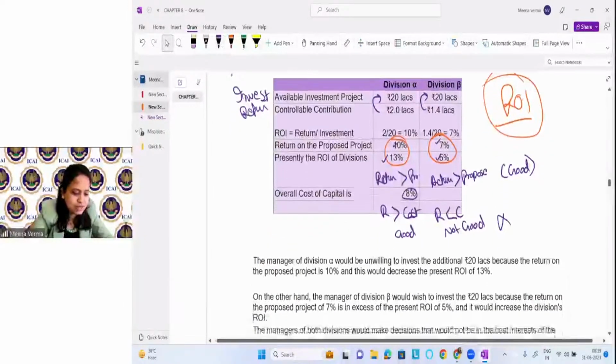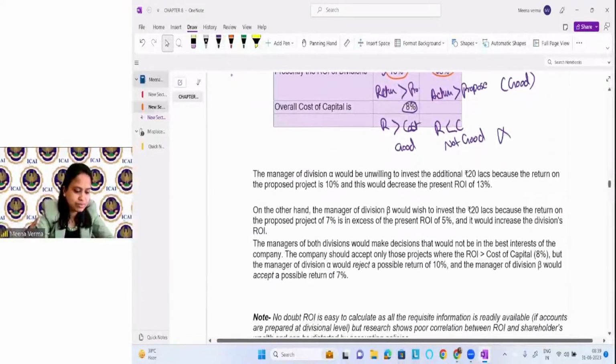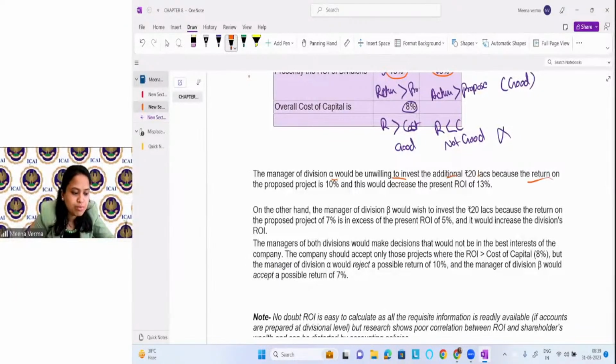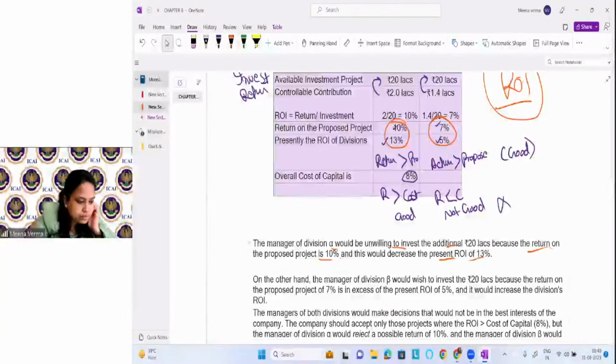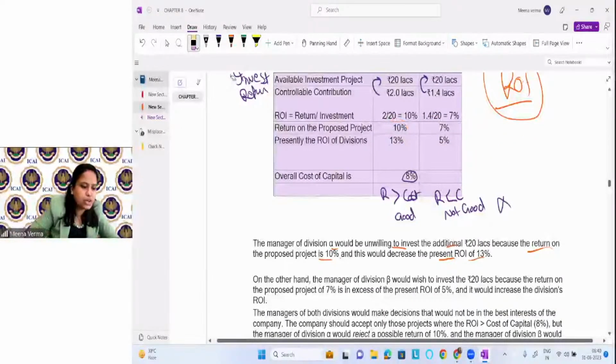Okay, now let's see what is given here. The manager of division A would be unwilling to invest in 20 lakh because the return on the proposed project is 10%. This would decrease the present return on investment of 13%. See, there is some information given here.